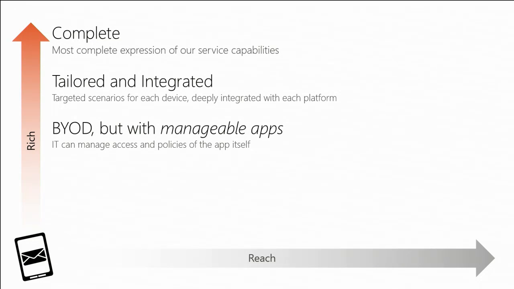So it's the doing it well, but also deeply integrating it with the platform to take advantage of things that are unique and powerful about that platform. And as I said, we can do BYOD, but it requires us to often use a third party or our own products to extend the device management capabilities.